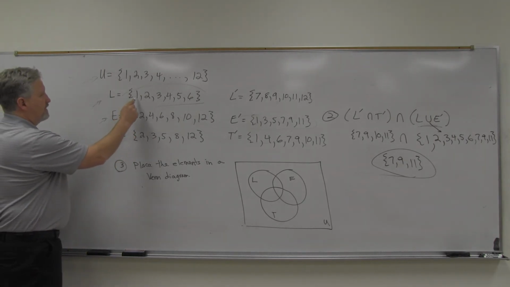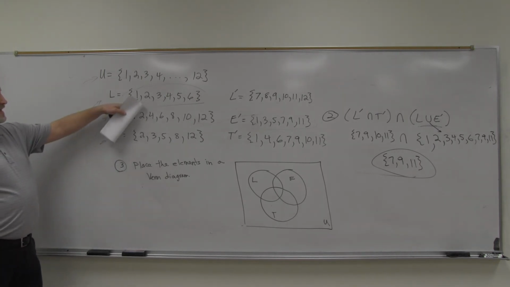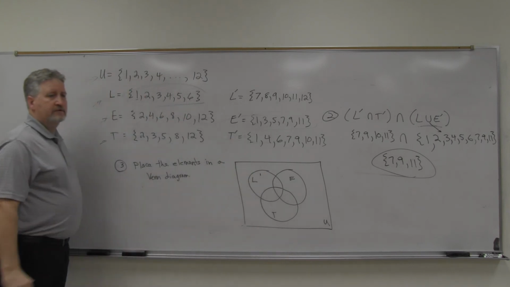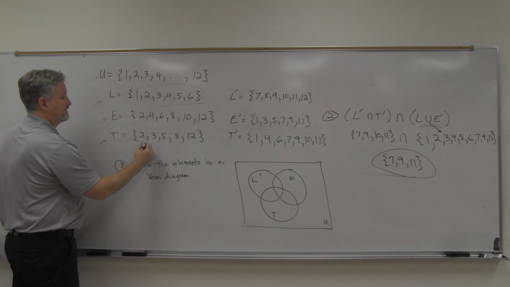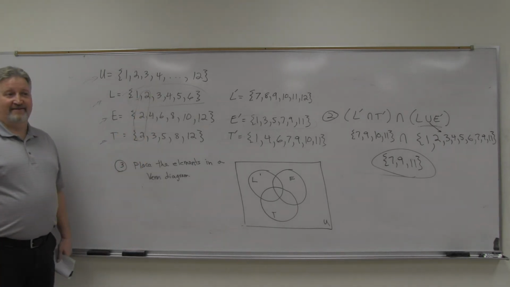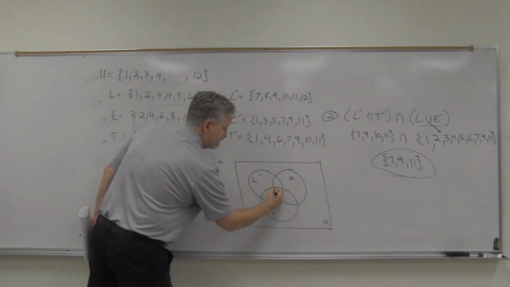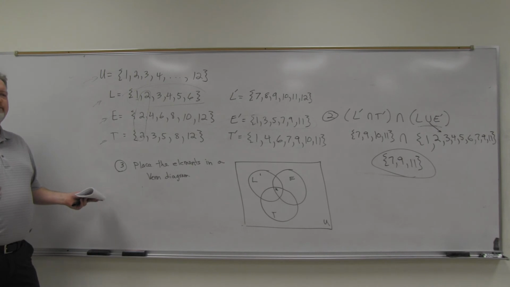All right, so we go through this. So L1, start with 1. 1 is in L, but it's not in the other 2, so it would go out here, right? And what about 2? It's in all 3. Where does that one need to go? Right in the middle. So the intersection of all 3 is right in the middle.